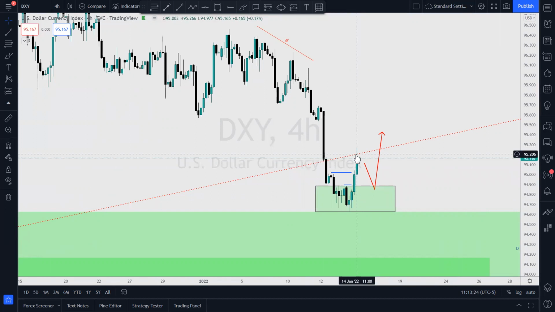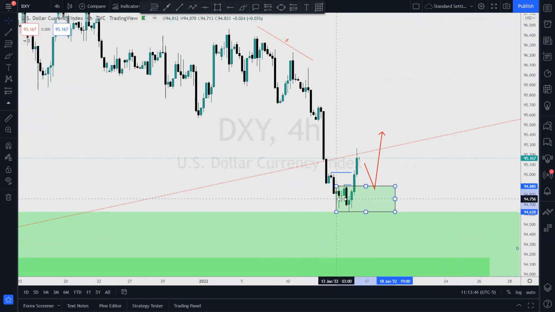So what am I expecting next week? Some weakness to open up for the USD. Maybe we get a little pullback, because after 2 short-term highs are broken, I'm expecting a return to impulse. And the impulse is from this order block here.